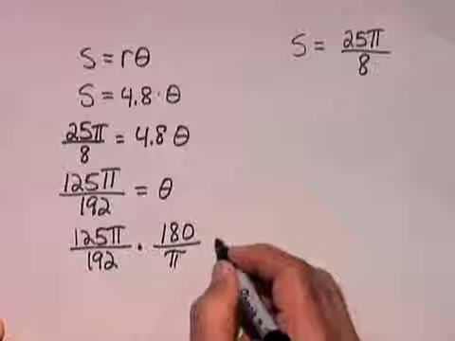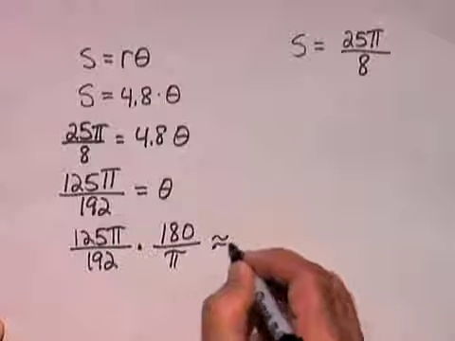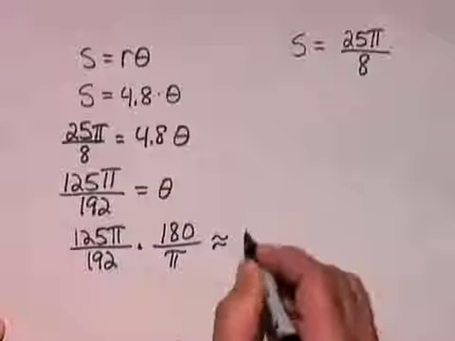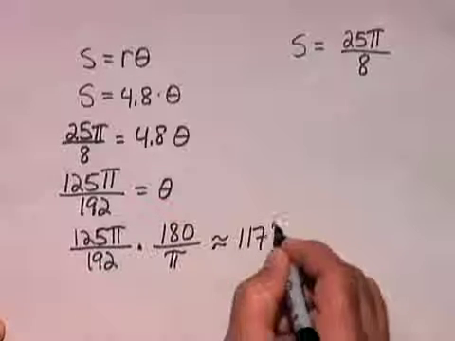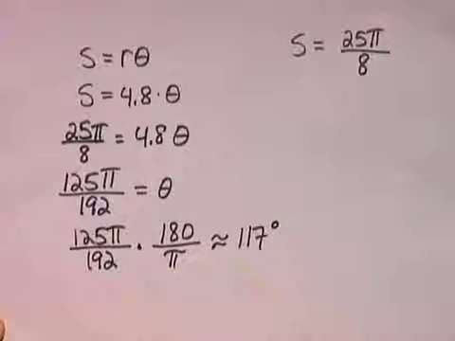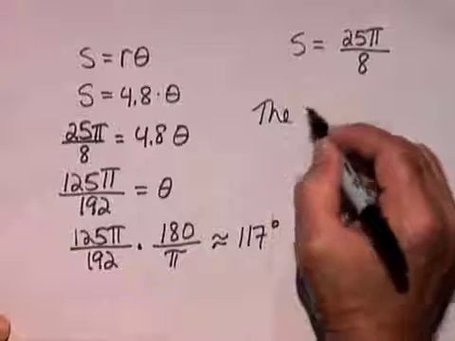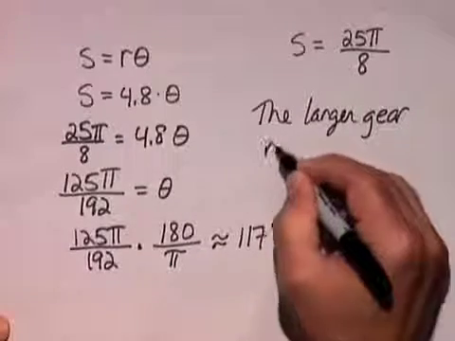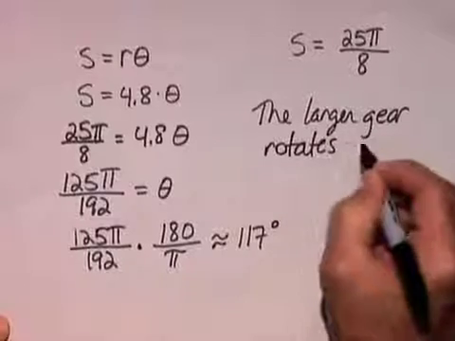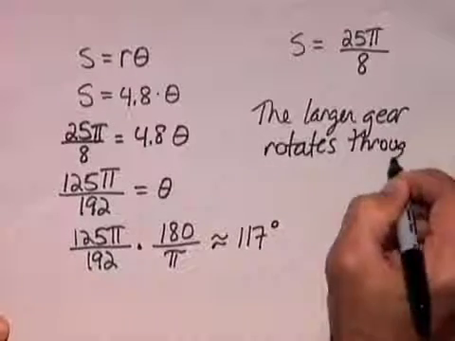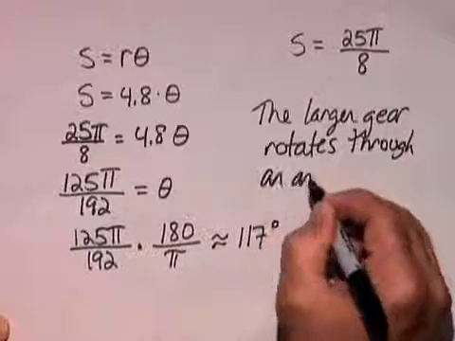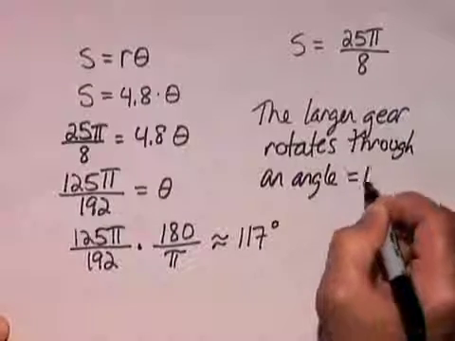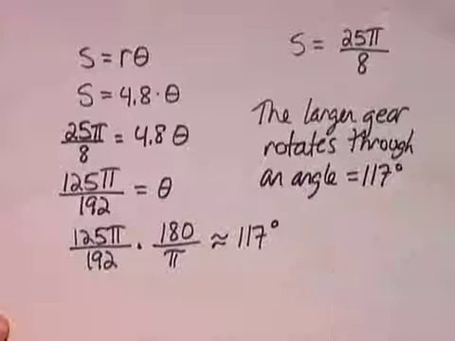And when we multiply and divide everything out, this will be approximately equal to 117 degrees. So what that means is the larger gear rotates through an angle equal to 117 degrees.